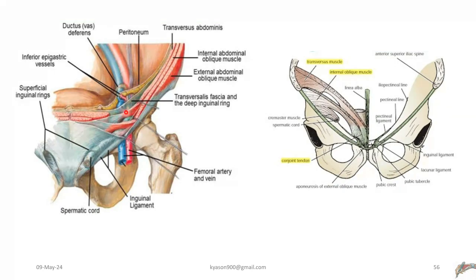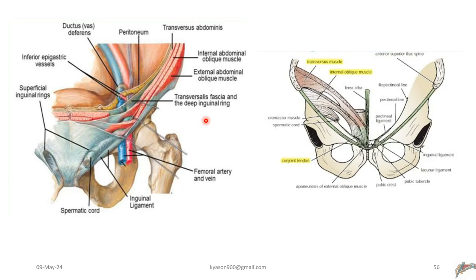Here we can still see the conjoint tendon formed by the transversus abdominis and the internal oblique. The aponeurotic fibers of these muscles are going to fuse to form the conjoint tendon, which will be the roof of our inguinal canal. Our canal is deep there. Okay.